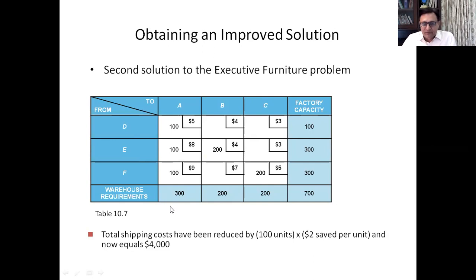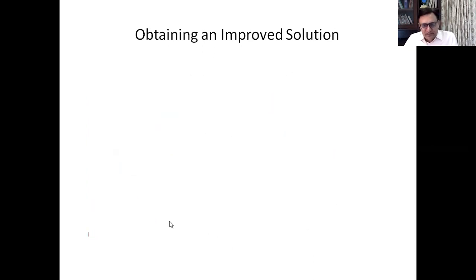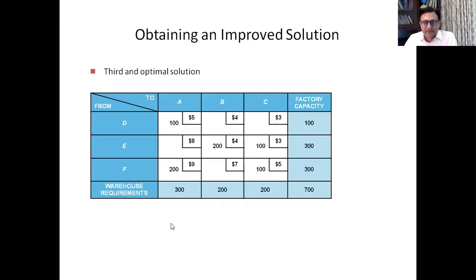In this way, again we will find out its cost. It is equal to 4,000 units. Similarly, we will again improve it, and after improvement we will get this kind of table.